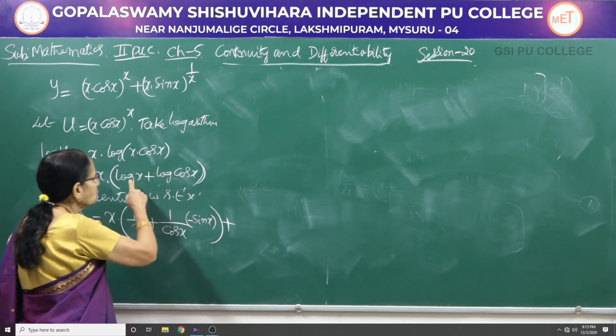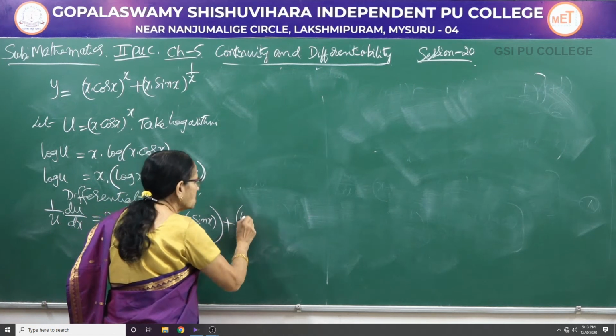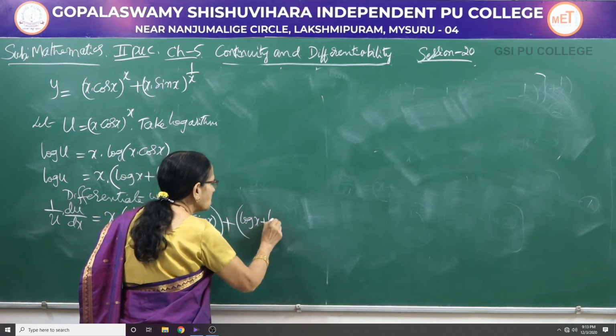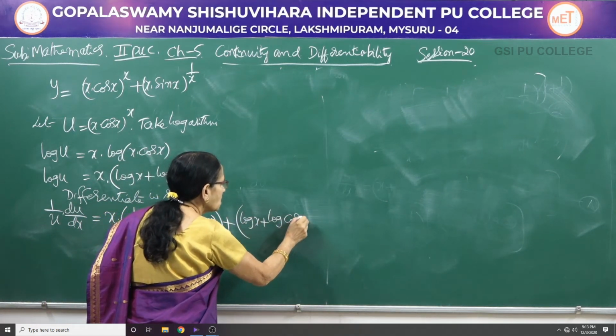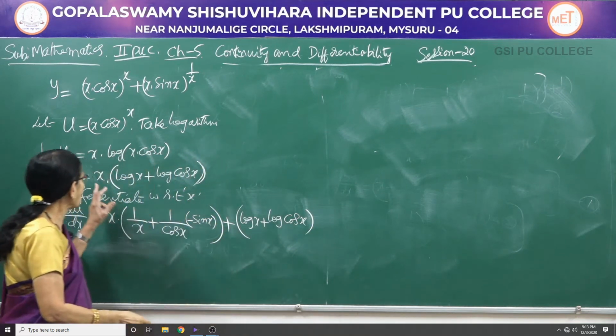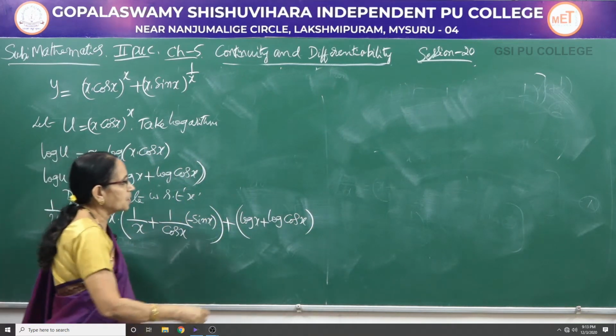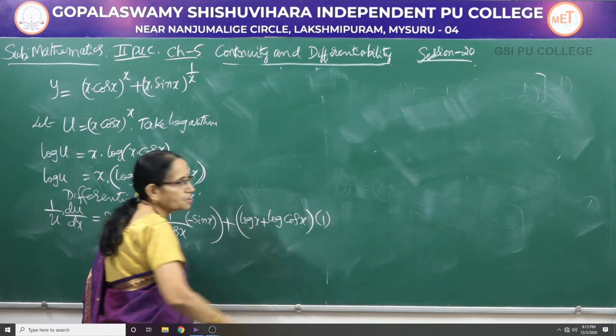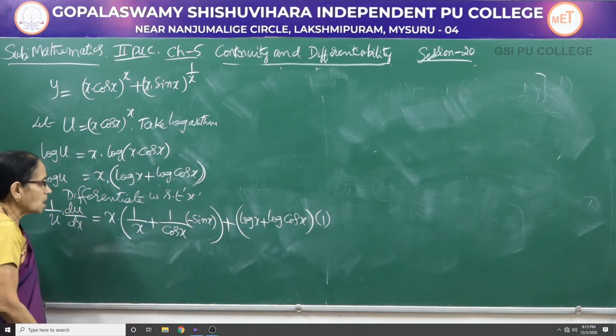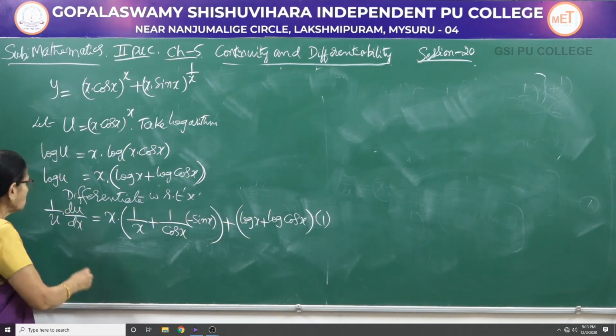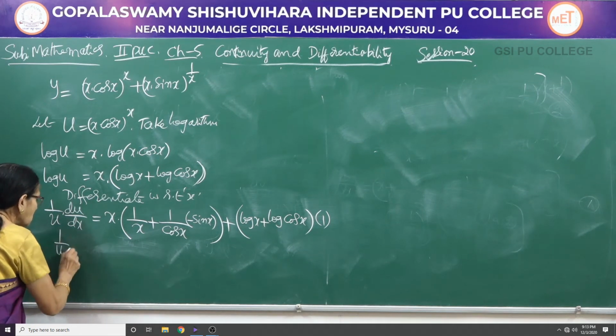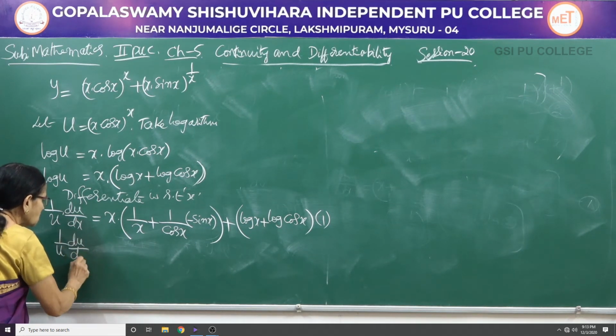Plus the second function, which is log x plus log of cos x, into the derivative of x. It is a very simple function whose derivative is 1. Correct?